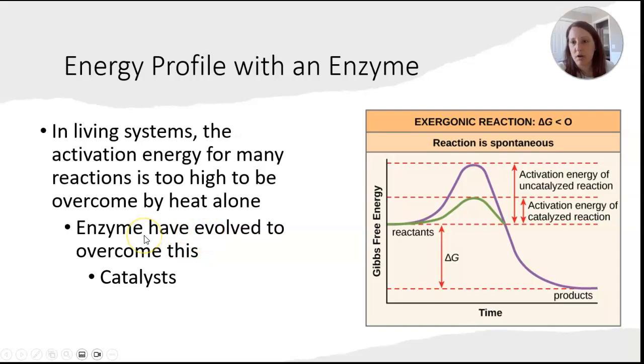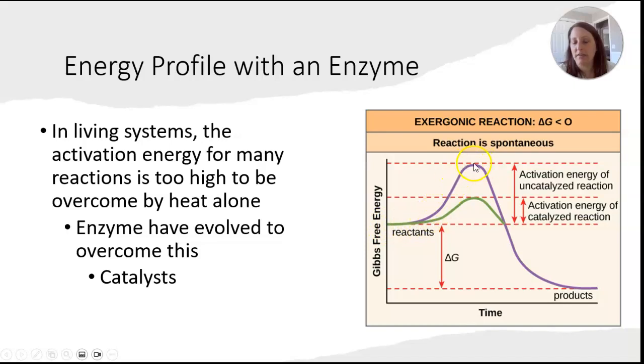So enzymes, you know, are proteins made of amino acids. They have a very specific three-dimensional shape. They're specific to what they catalyze, right? We can call them enzymes, or we can call them biocatalysts, or just catalysts. Their job in reactions is to lower the energy of activation. And so here in this reaction profile on the right, we have in purple the reaction profile without an enzyme.